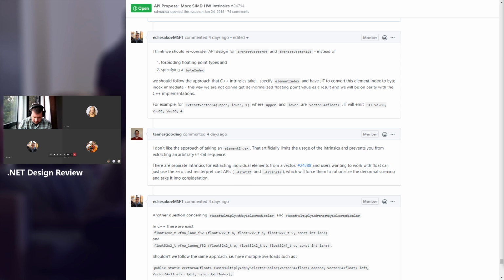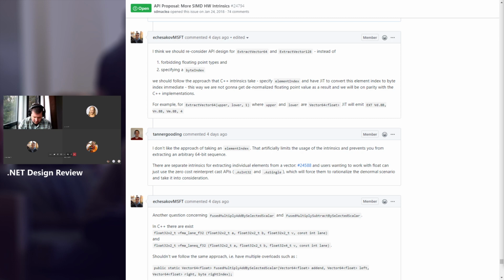There's the comment with Igor's proposal, but I'm having trouble mapping that to what the approved API was. What was the name of the API? Fused multiply add by selected scalar. So basically I can't find the issue number right now.